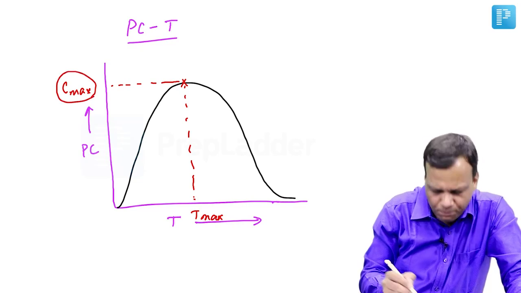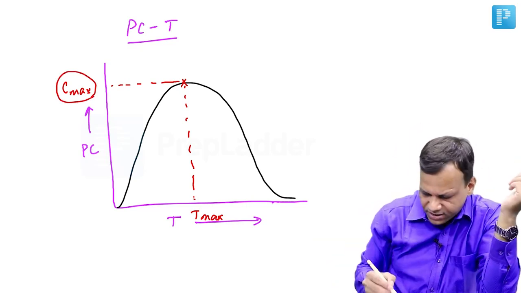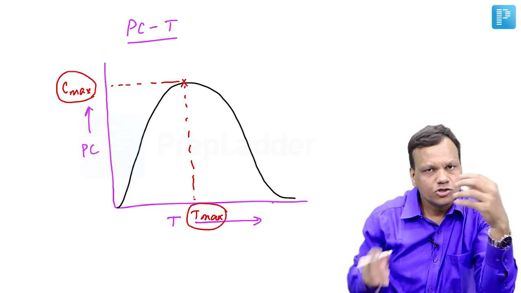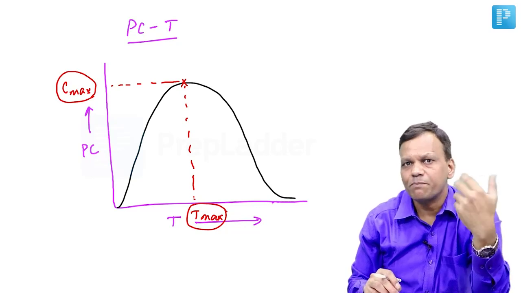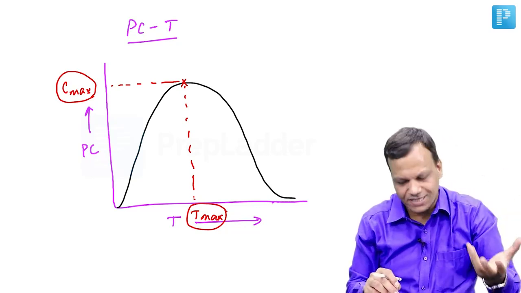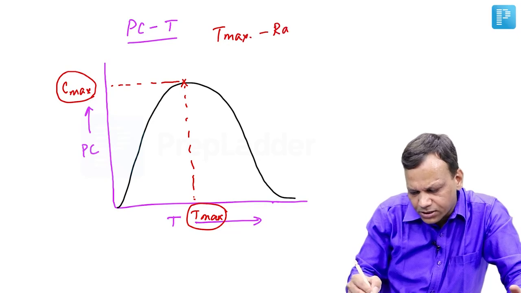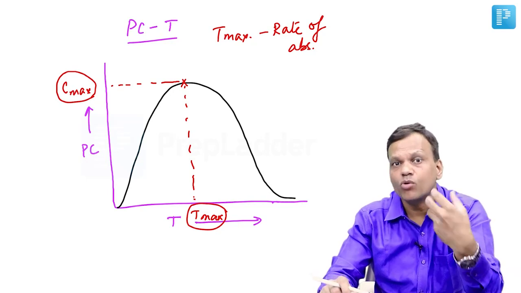Cmax is the maximum plasma concentration we will obtain with that particular dose, whereas Tmax is the time in which we obtain that maximum plasma concentration. So Tmax tells in how much time the plasma concentration becomes maximum. So Tmax is signifying the rate of drug absorption, how quickly the drug is absorbed. If Tmax is lower, it means the drug is absorbed quickly.